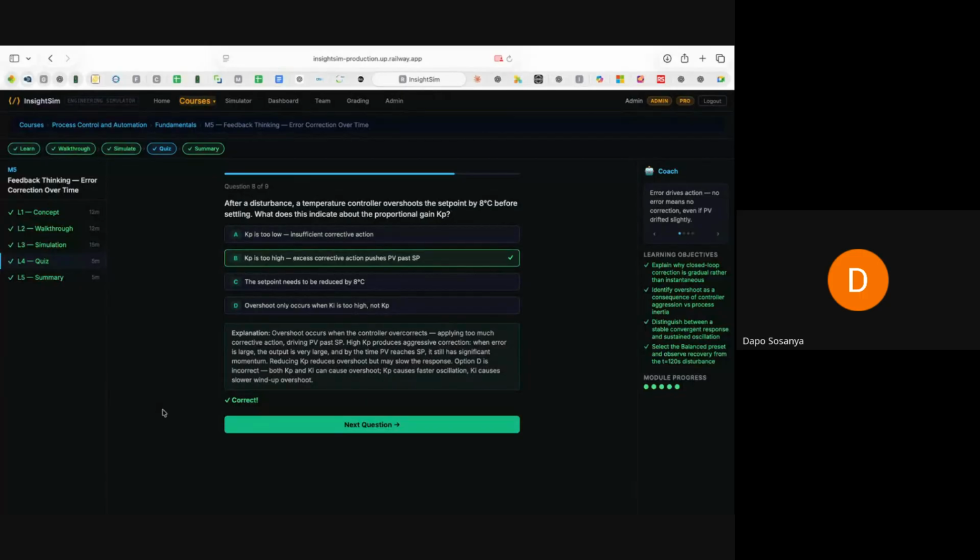Eventually, there will be a decay of the overshoots, and then it settles at SP. And then the D term simply makes this process faster. The derivative, which is the rate of change, makes it faster so that you attain your set point very fast. Does that make sense to you?